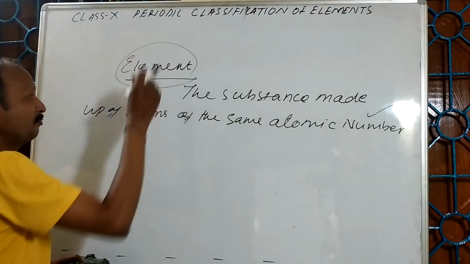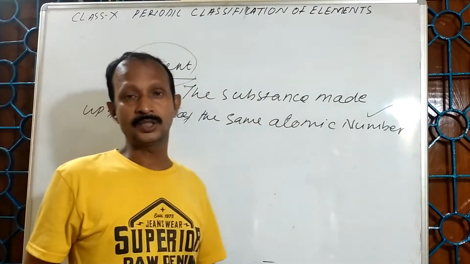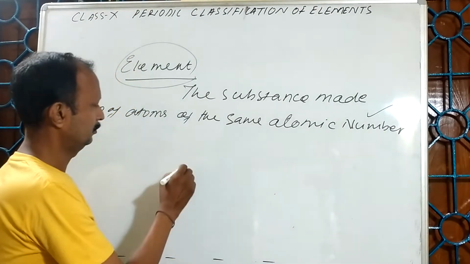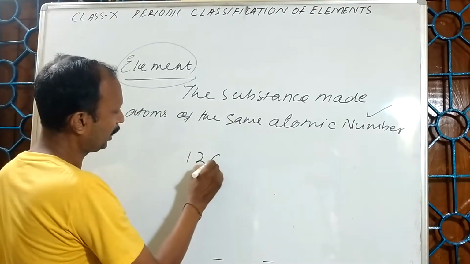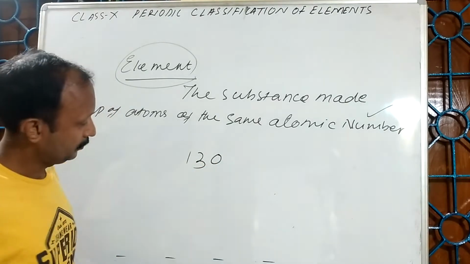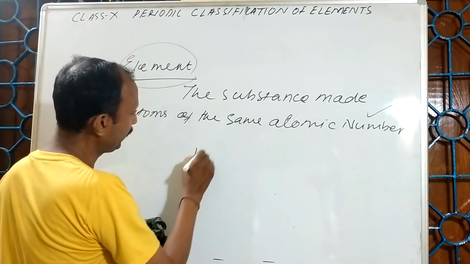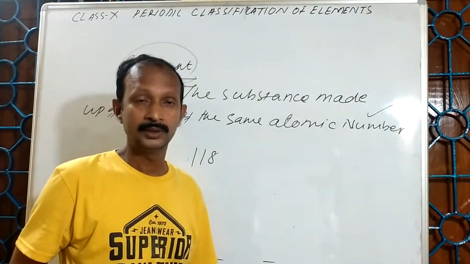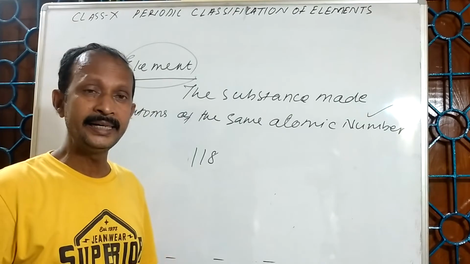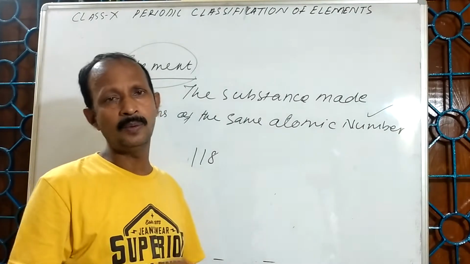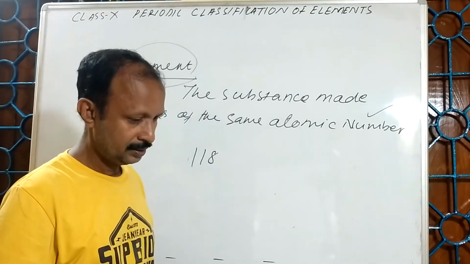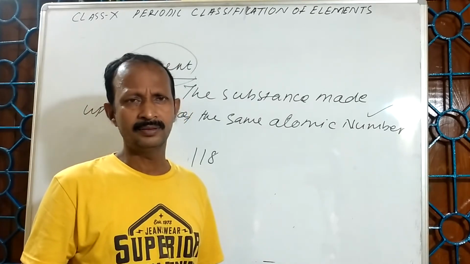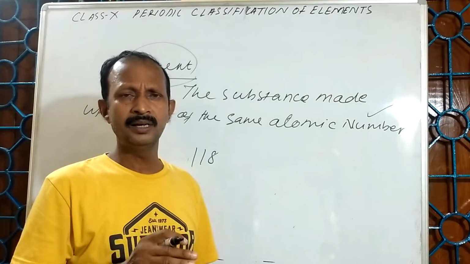The topic is periodic classification of elements. So far, about 118 elements have been discovered. These 118 elements have millions of compounds.